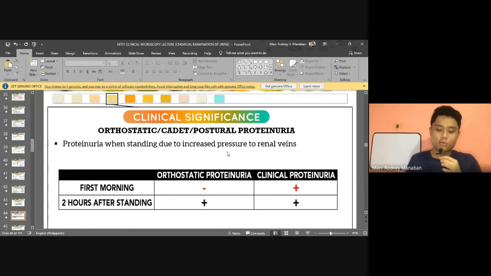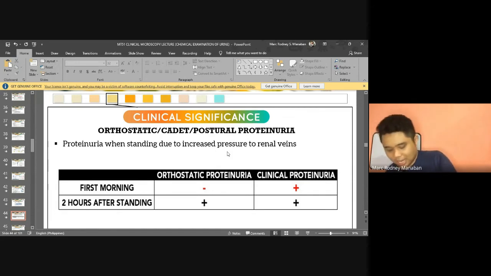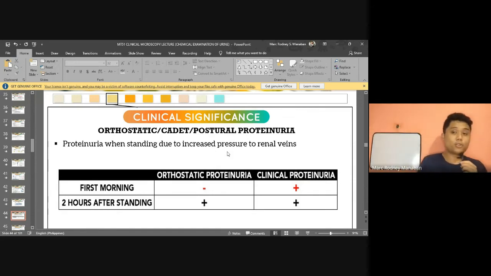And for cadet or orthostatic, after several hours of standing, when you sit, after a few hours the protein disappears from your urine. Unlike clinical proteinuria, where whatever your position, whatever the time of day, there is protein in your urine. Because again, there is already damage or a problem in your kidneys, especially in the glomerulus or even the tubules. Okay? All right, so that's for orthostatic or postural proteinuria.